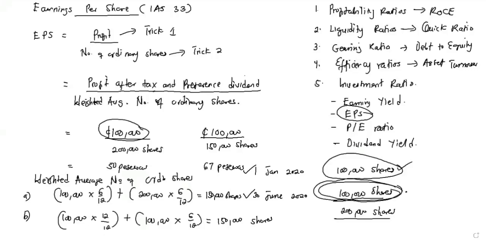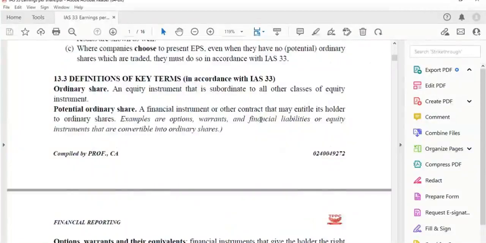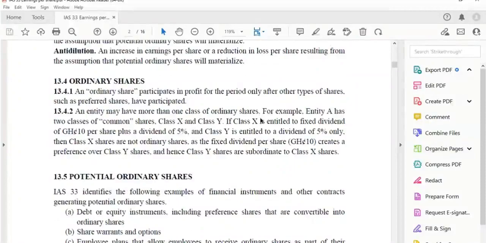I think I've sent the IAS 33 note to your platform. Do you have the IAS 33 note on your platform? Yes, it's on the platform. Sure. So I'm sharing my screen here. We are going to solve this particular example.